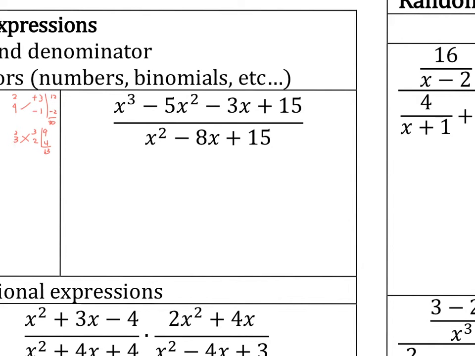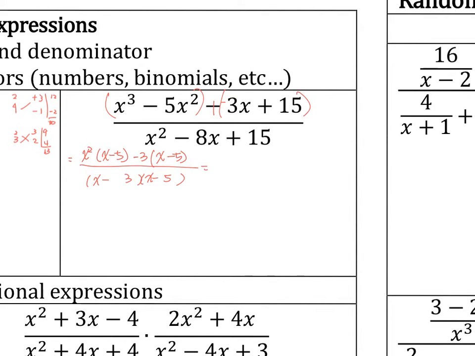And this next one here, we need to group. Okay, positive, negative, and group these. So I'm going to first factor out the numerators. So that would be x squared, x minus 5. I'm going to factor out the negative 3. So that would be x minus 5 as well. And then the denominator, I can do 3 and 5.